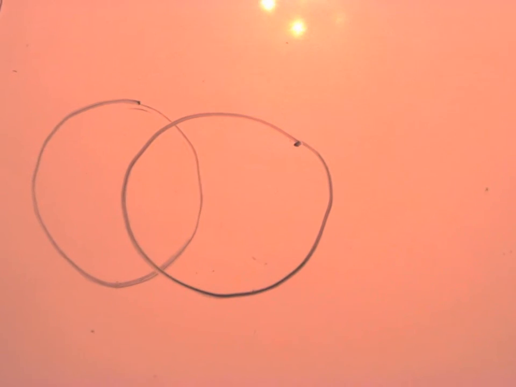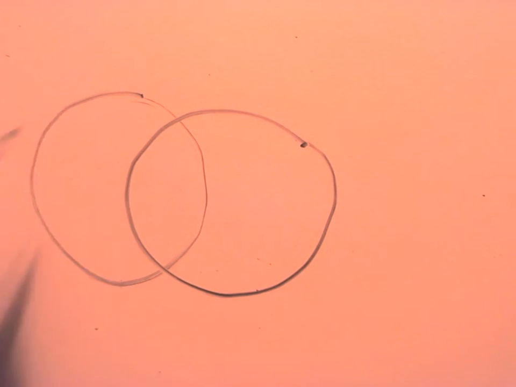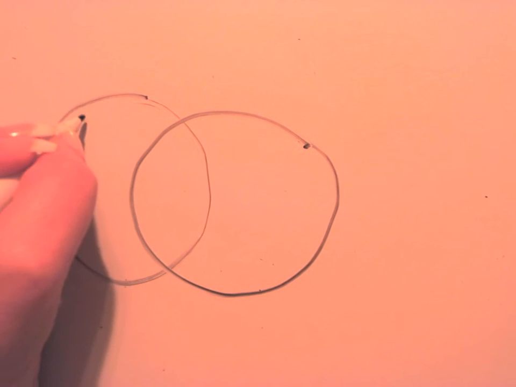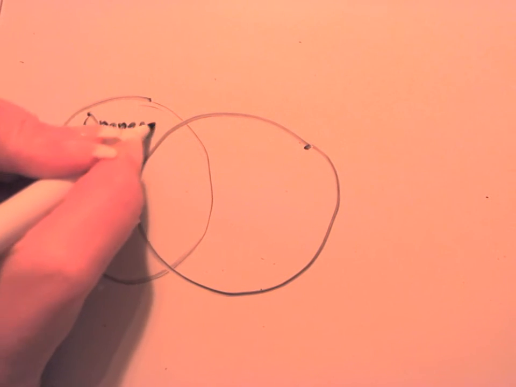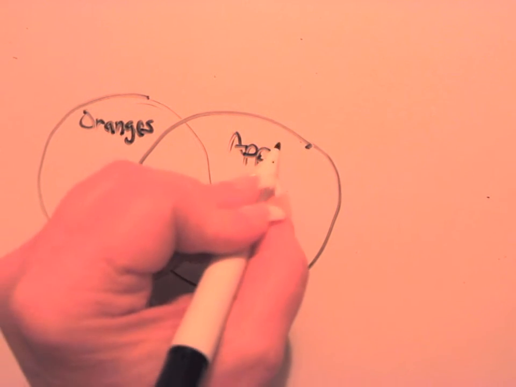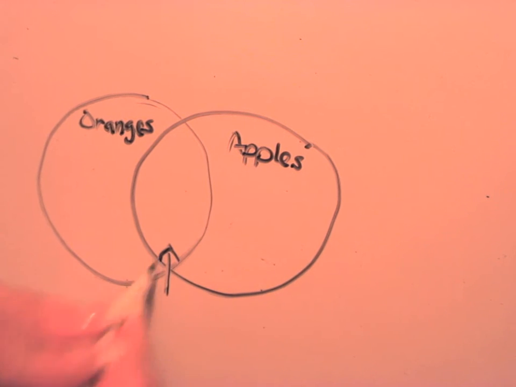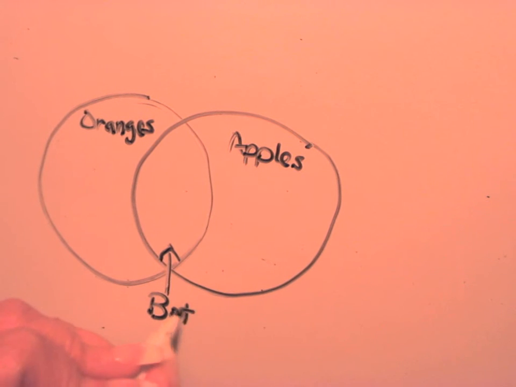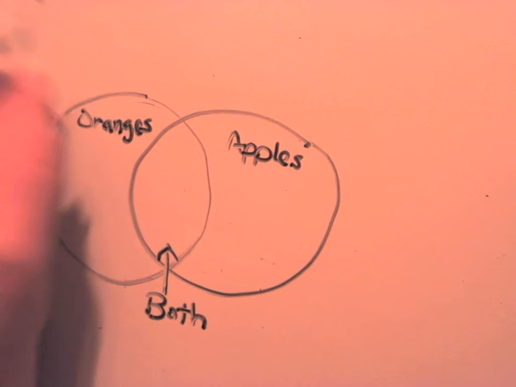And as we have those 2 interlocking circles, we might have things like, okay, over on this side we're going to have oranges. Over on this side we're going to have apples. Okay, and then of course in the middle we know is both. Alright, so let's say it's lunch time.